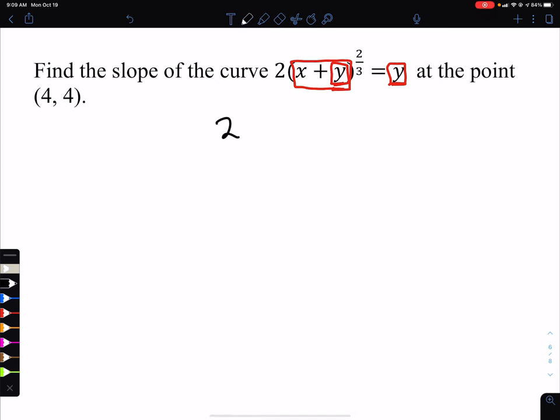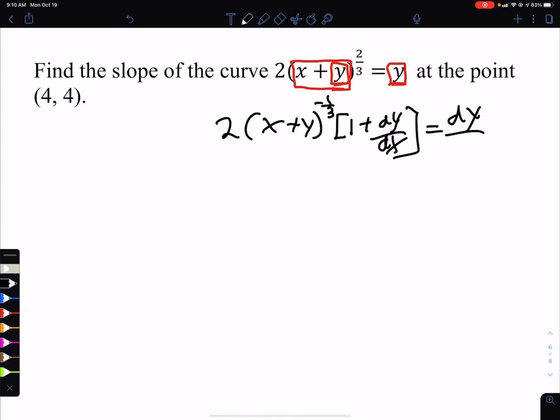So the 2 stays in front, the box stays there, you subtract 1, so it's negative 1/3. Then you have to multiply by the derivative of the box. We need the derivative of this inside, and that's actually pretty easy. The derivative of x, that's just 1. And the derivative of y, by definition, since y is a function, the derivative of y is dy/dx. And then on the right side, the derivative of y, by definition, is dy/dx.